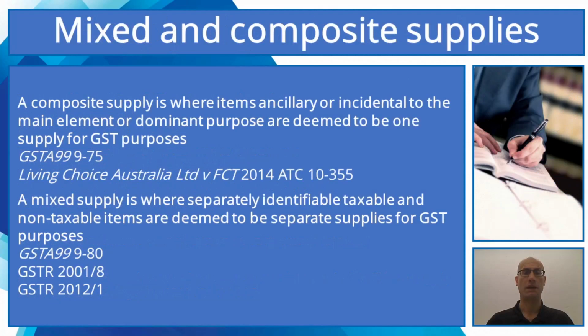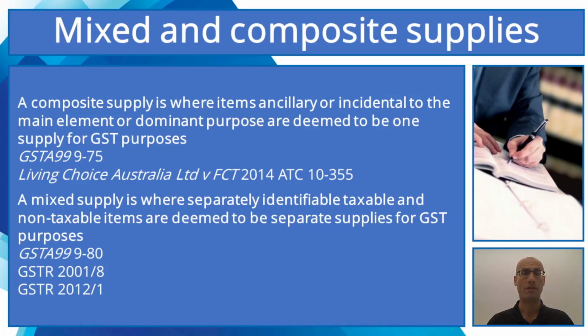In some situations, there is going to be a supply of goods and services that's really a combination of goods and services. In other words, you're going to have some particular parts of the goods or services that are going to be taxable, and some that may have some form of different GST treatment. Either they might be input taxed or GST free.